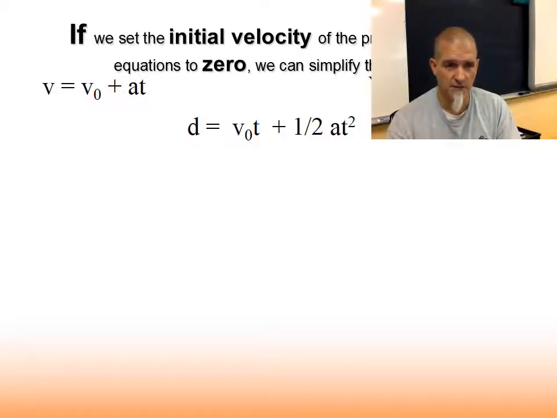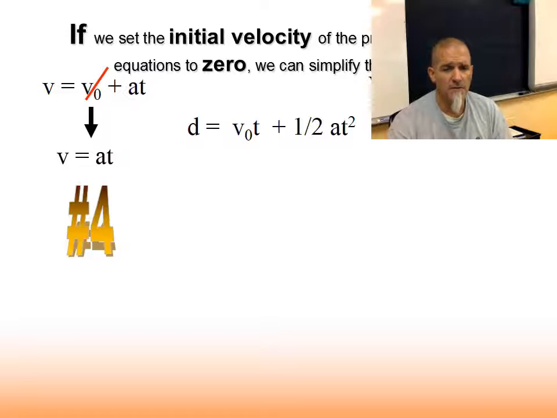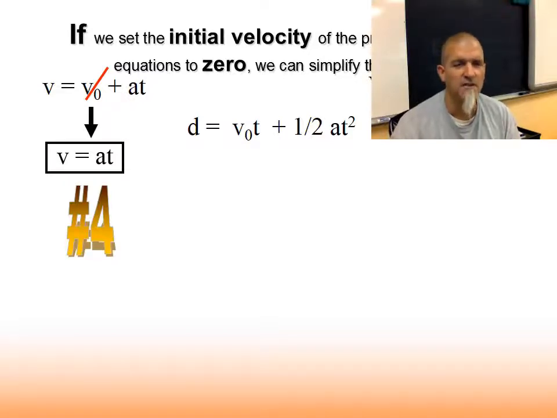Look at equation 1, this one right here. If v0 is 0, this whole term drops out, and it simply becomes this, v equals at. And that, my friends, that, get it? That v equals at, that is equation 4. There it is, right there, v equals at. Equation number 4.